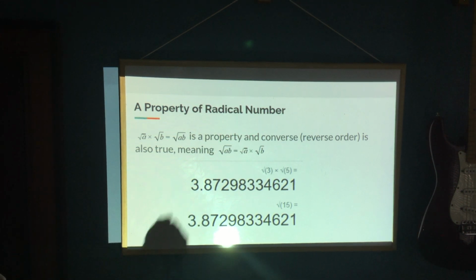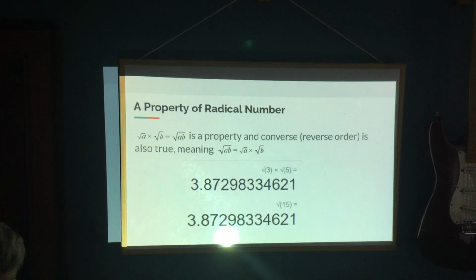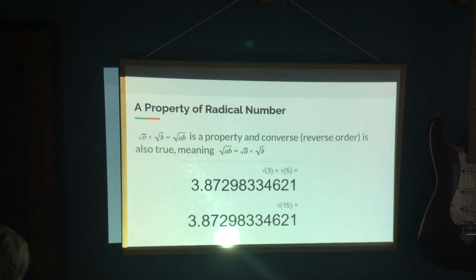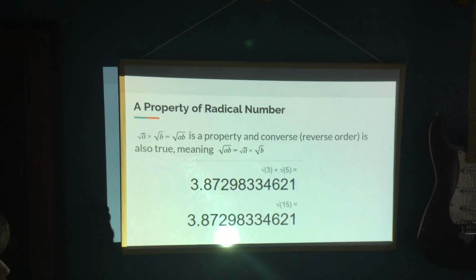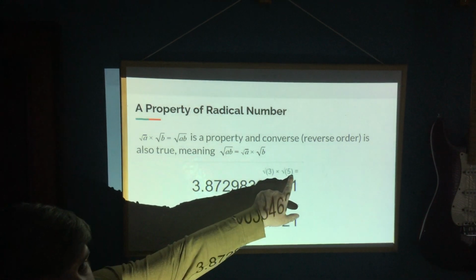I'll draw it out in a longer process, probably more than you'll end up writing down, but at least you'll get to see it. And I have it kind of showing you here, the square root of 3 times the square root of 5, well, that's 3.8729, and so on. 3 times 5 is 15.